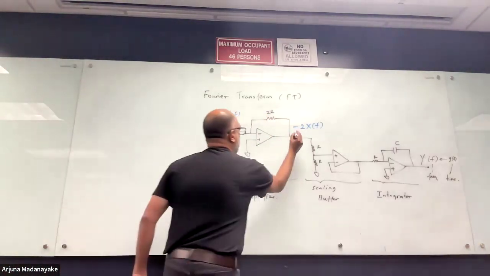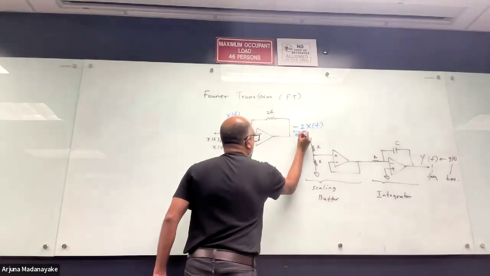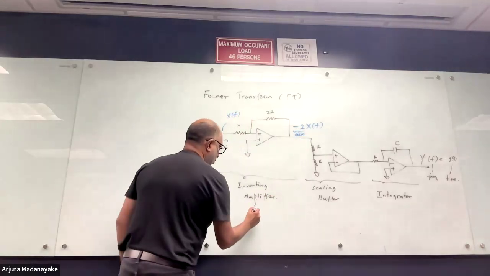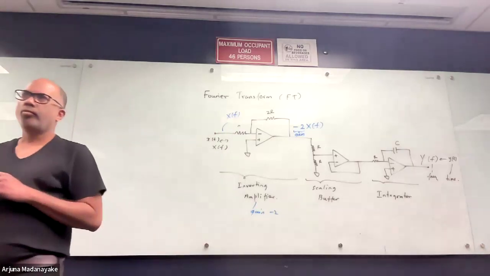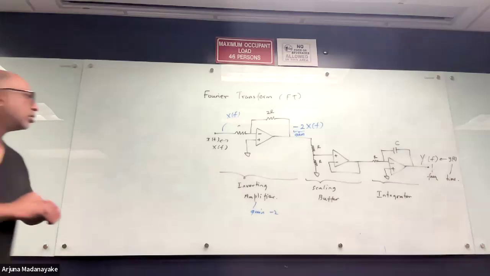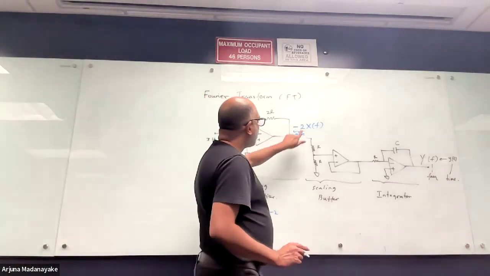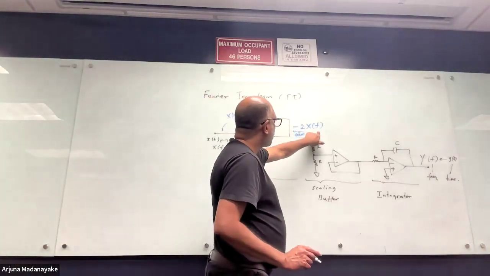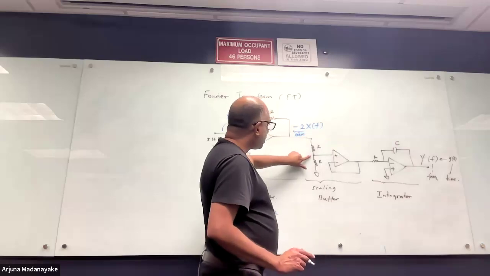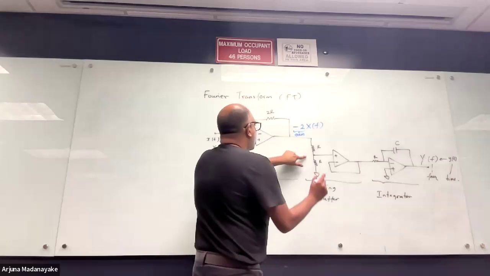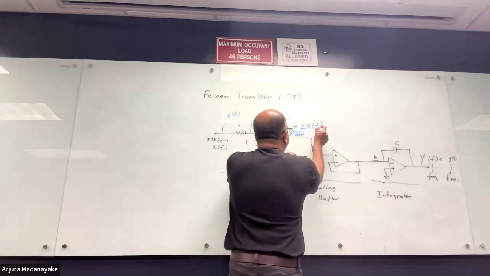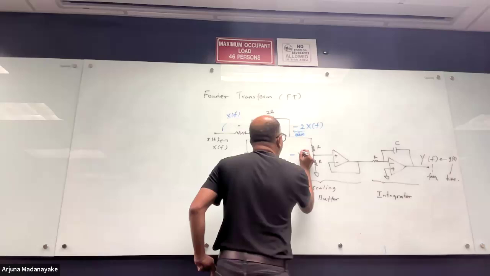This is the gain. Now I'm applying negative 2 X of f in the frequency domain. This divides it by half because it's a voltage divider. So if I divide negative 2 X of f by half, I get negative X of f.